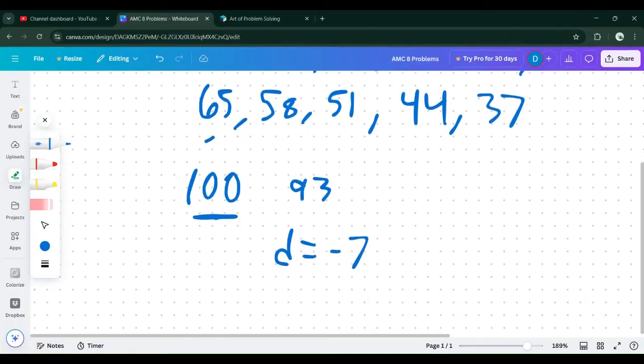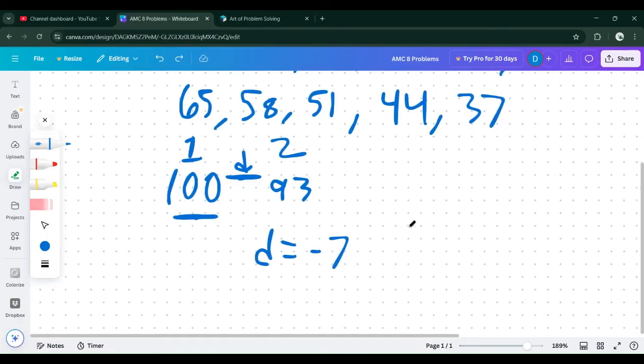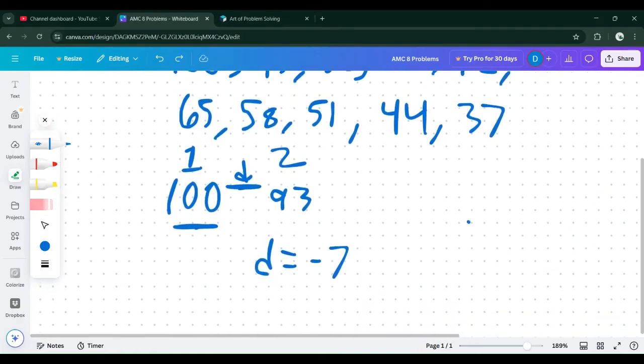If we see an example, this is the first number. This is the second number. And from the first and second, there's one difference. We have to add. There's one difference in between them, which is just -7. If we add -7 to 100, we get 93. And if we want to go all the way up to this 10th number, which is x, we have to add how many differences?